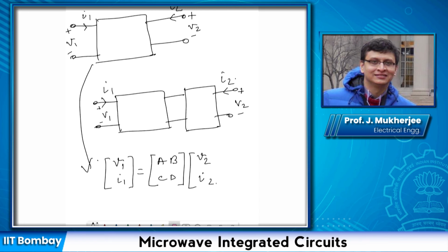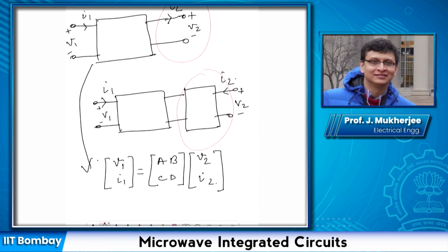Just want to make a small correction here. This I2 will be in this direction. Okay. So these output currents and voltages can act as the input of the next network like this.